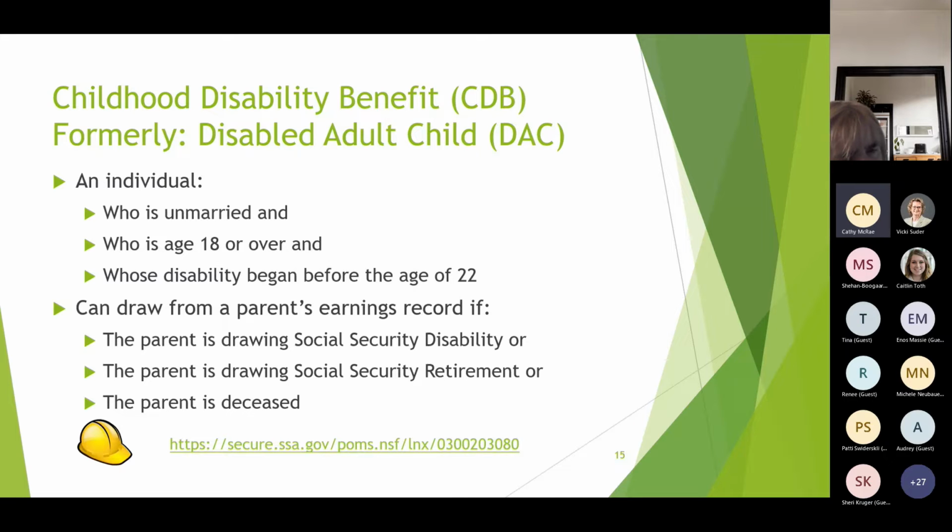But in Social Security parlance, that's childhood disability benefit. So this is an individual who is unmarried, that is important, who is 18 or over, and whose disability began before the age of 22. They can collect on a parent's work record if the parent is getting disability benefits or is getting retirement benefits, or if that parent has passed away. Next slide, please.